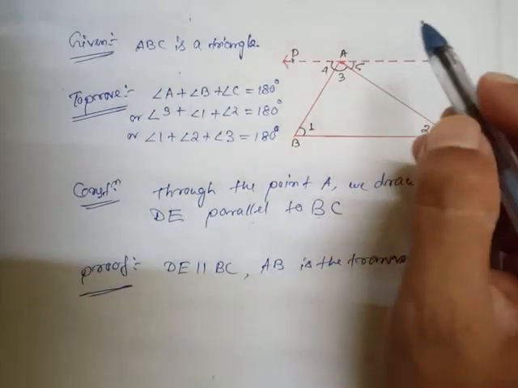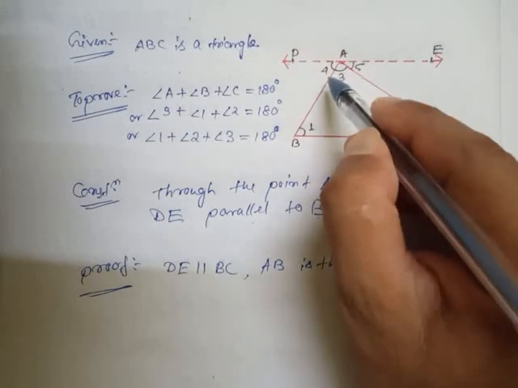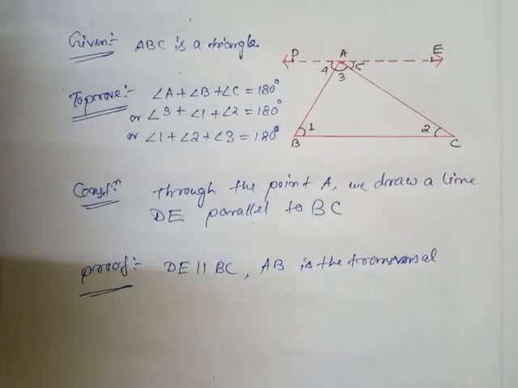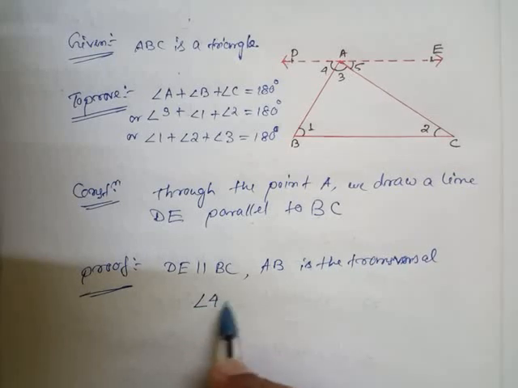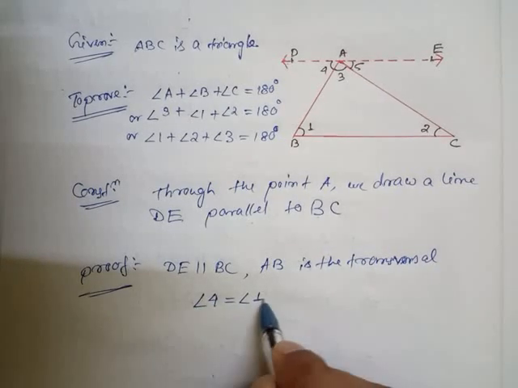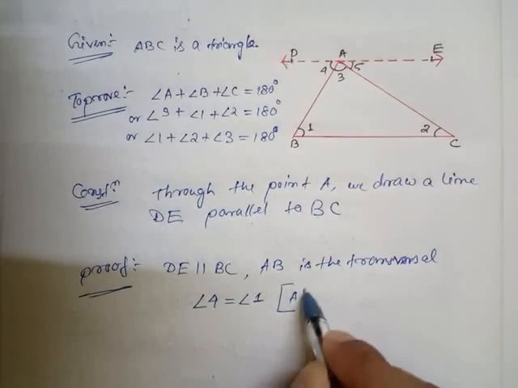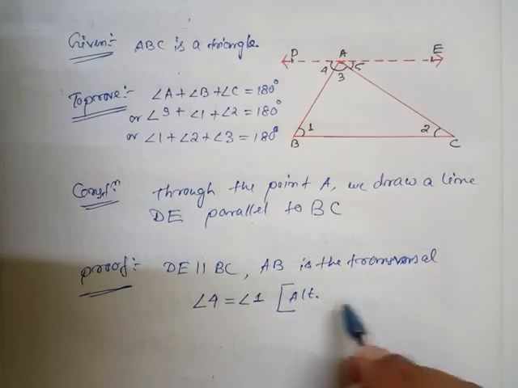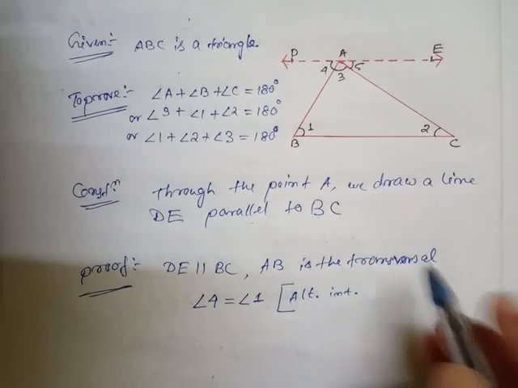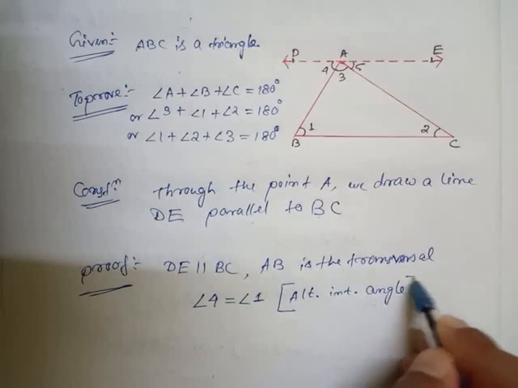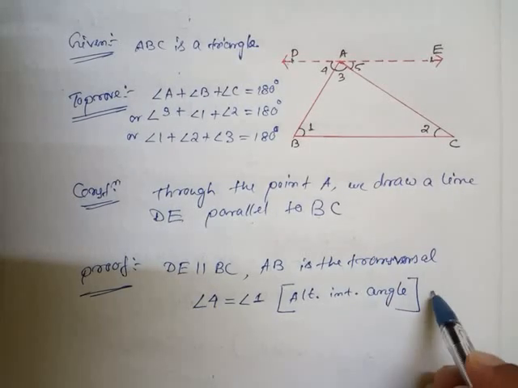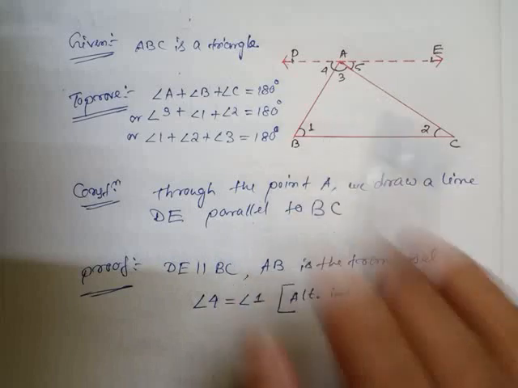So students, we can say that angle 4 equal to angle 1. These are alternate interior angles, alt. int. angles, and this is our equation number 1.